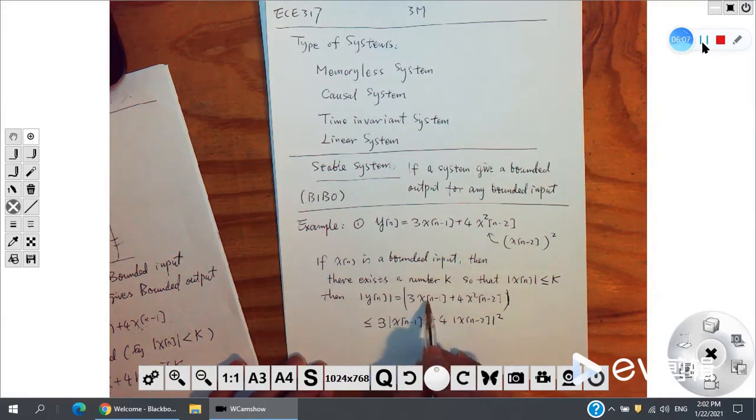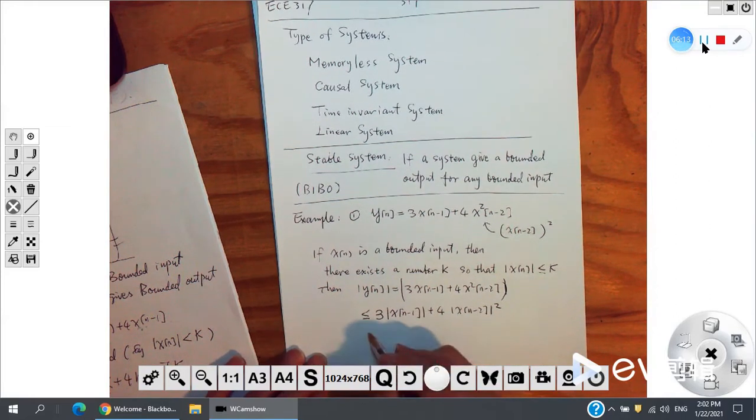But if all of these are positive, then it will be equal. Since x is no more than k, this is smaller than or equal to 3 times k, and x squared is of course no more than k squared.